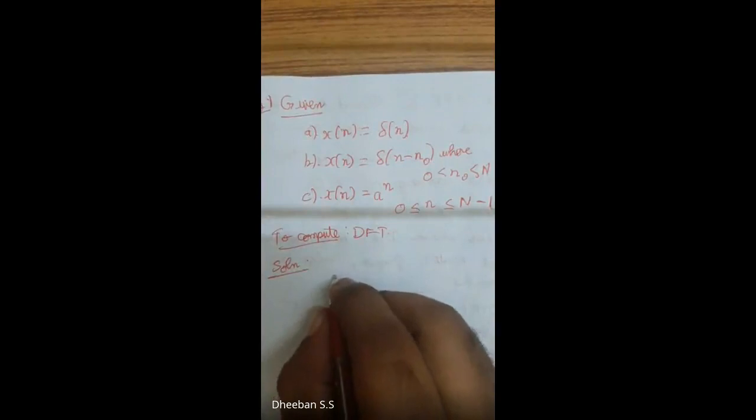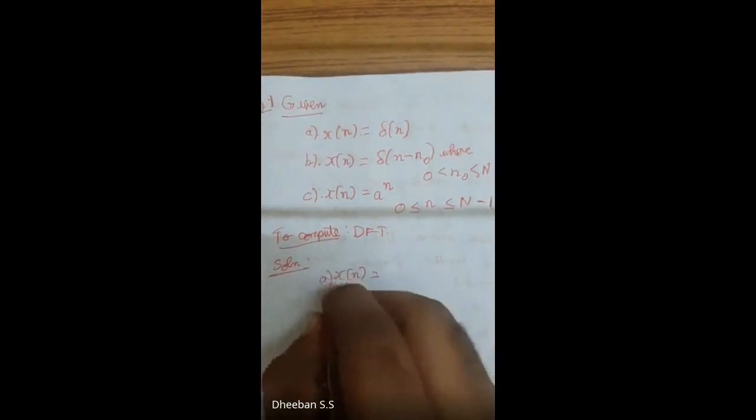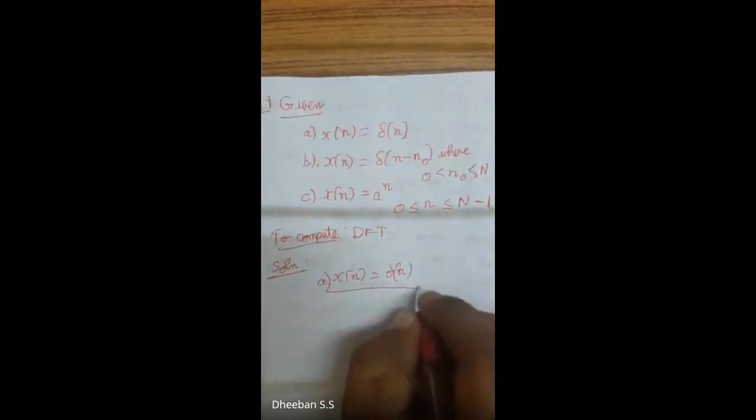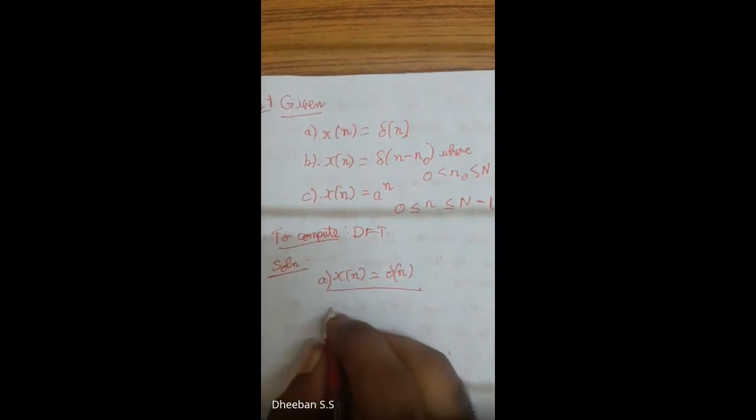Solution. The first one is x of n equal to delta n. For this, we have to write the formula for DFT first.